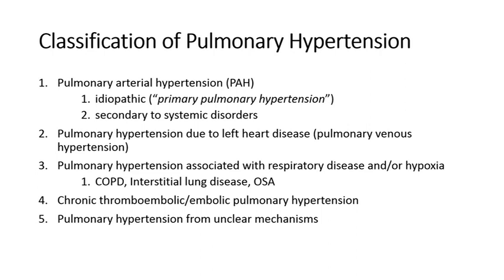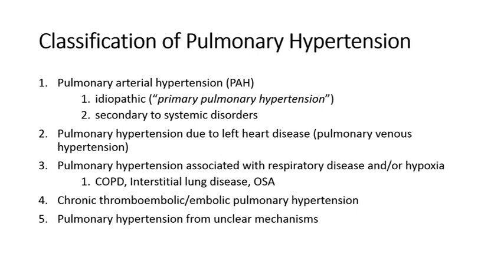The first one is idiopathic or primary, which means that the cause is unknown. The second subtype is secondary or systemic disorder. The second group is pulmonary hypertension due to left-sided heart disease, which is called pulmonary venous hypertension, where the pulmonary capillary wedge pressure is more than 15 millimeter mercury.